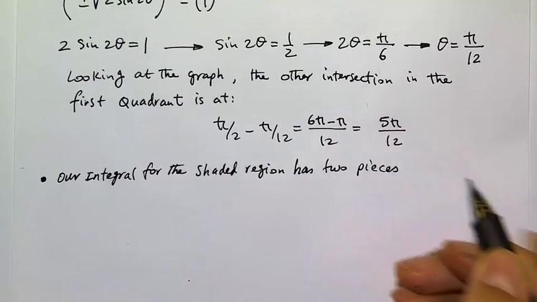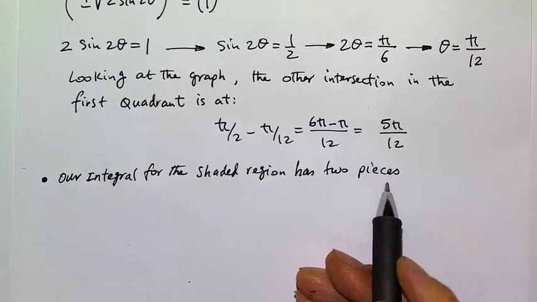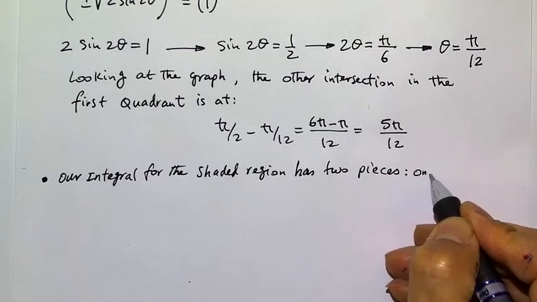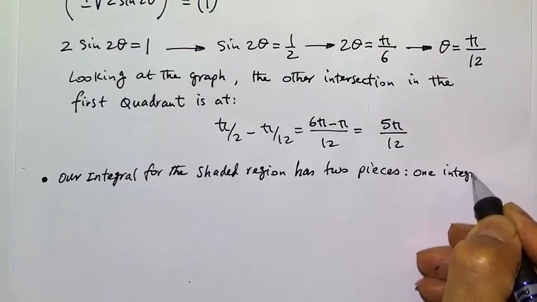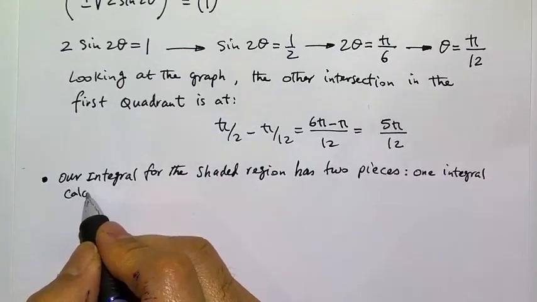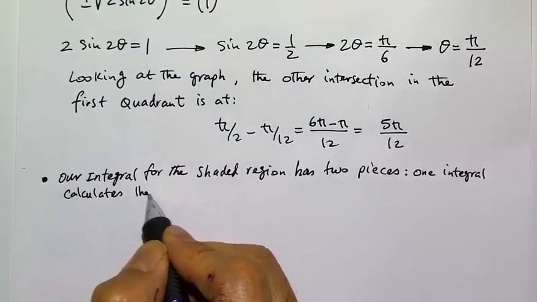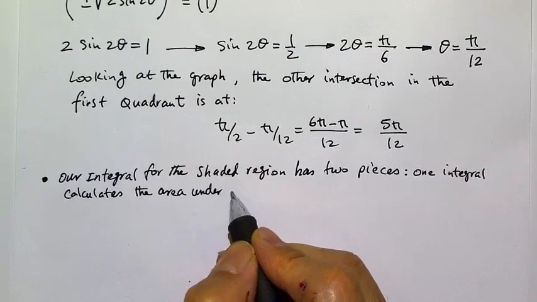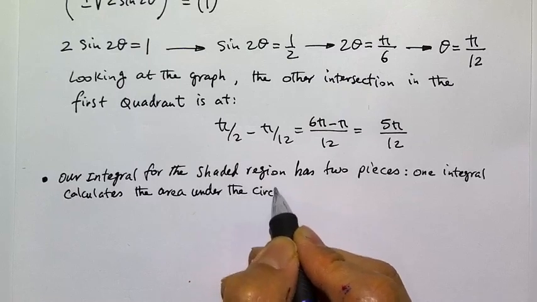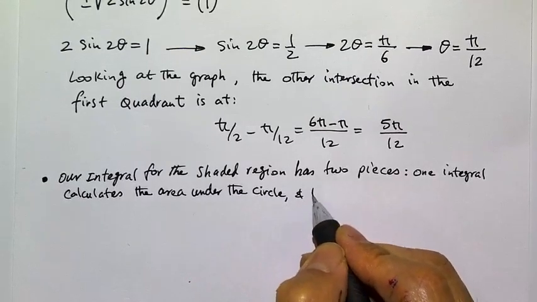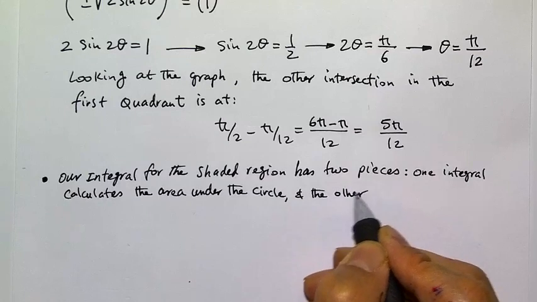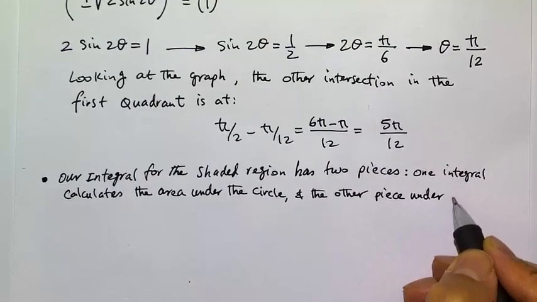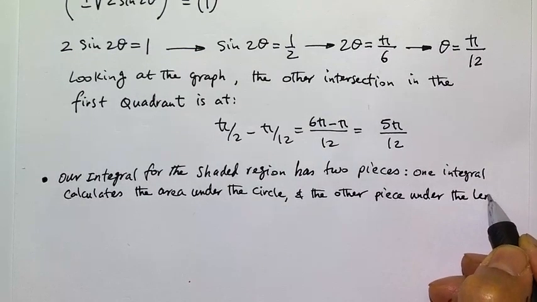So one piece, one integral calculates the area under the circle, and the other piece under the lemniscate.